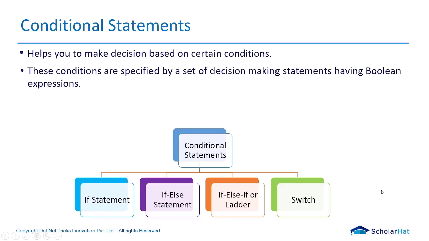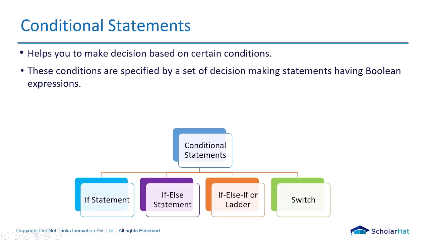For conditional statements, we can see the if statement, if-else statement, and if-else ladder, or switch statements are used. These control statements are basically divided into three parts: selection statements, iterative statements, and jumping statements. The if, if-else, else-if ladder, and switch all come under the selection statements.